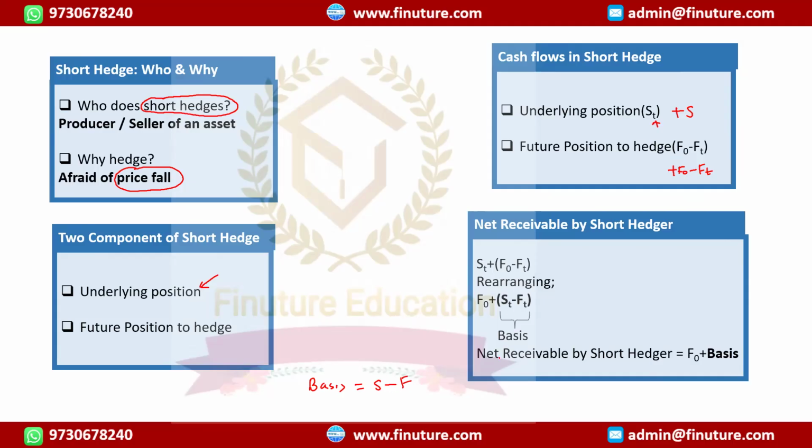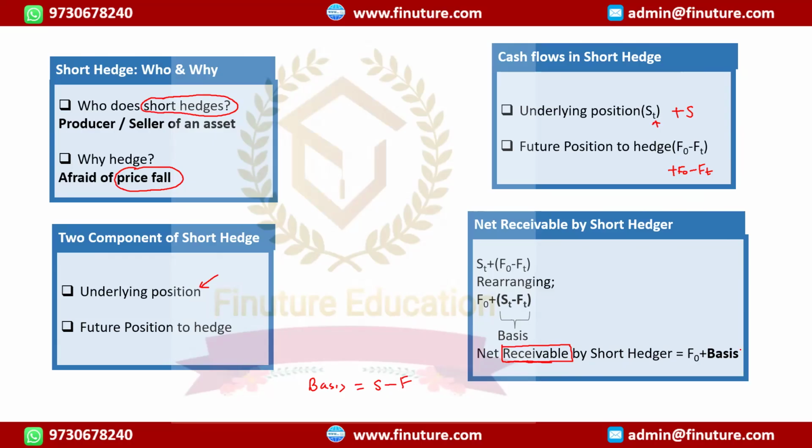So the net receivable by the short hedger position is F0, the futures price that he has agreed to sell at, plus some basis.